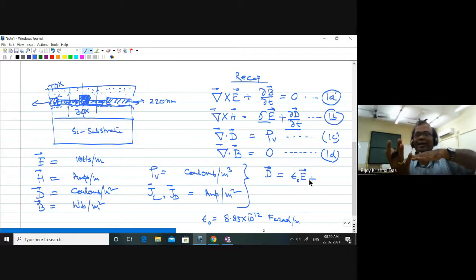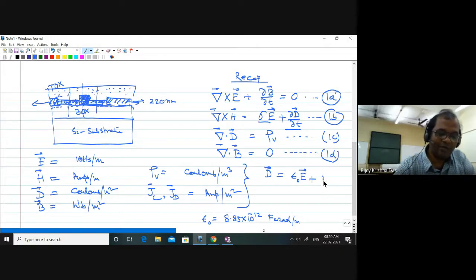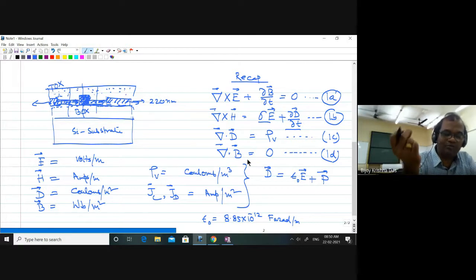What you get inside the material medium is the resultant. To incorporate that resultant, we use this polarization. That means dipole moment per unit volume, because all these we are talking per unit volume, right? Normalized with the material per unit volume. So that is a material property.